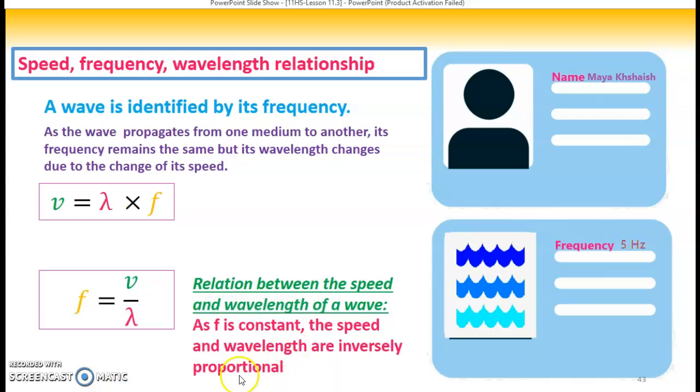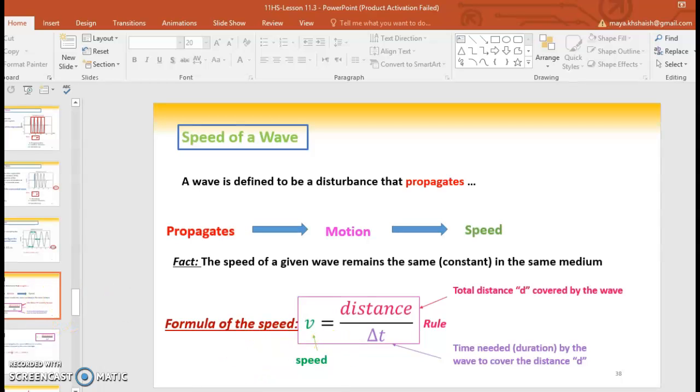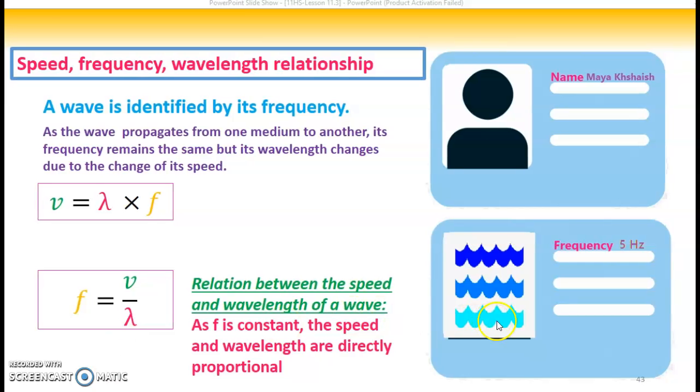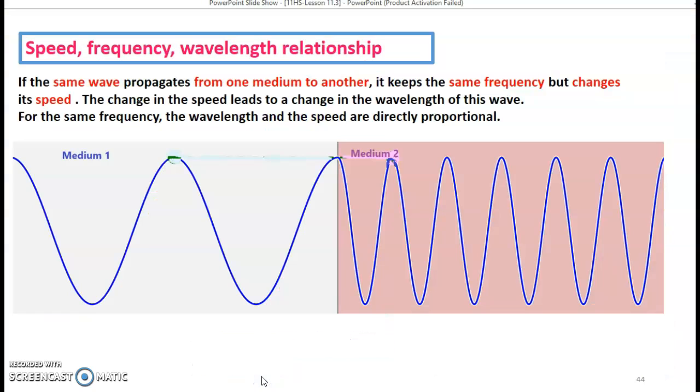So having V and lambda, the ratio of V and lambda is constant for the same wave in the same medium. So as the speed increases, the wavelength increases too, so they are directly proportional. Now, if the same wave propagates from one medium to another, it keeps the same frequency, but changes its speed.